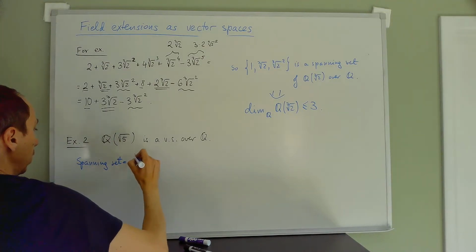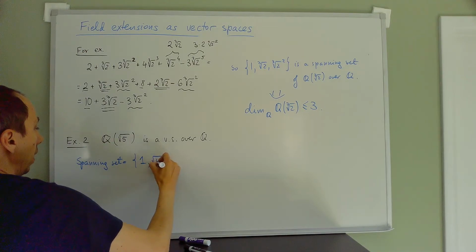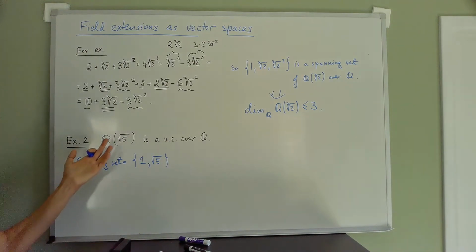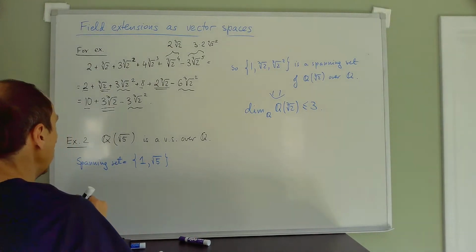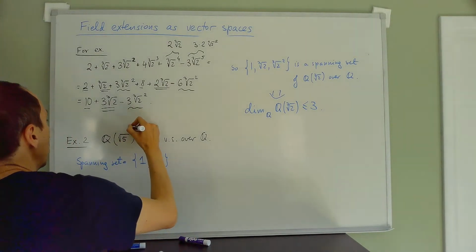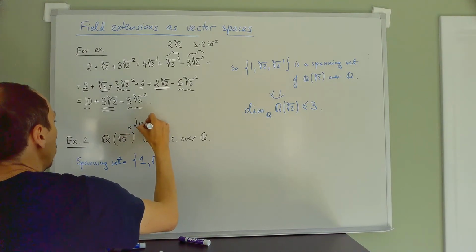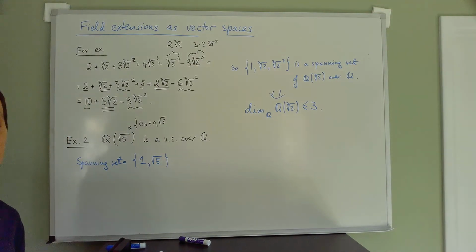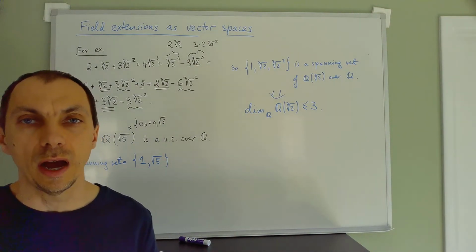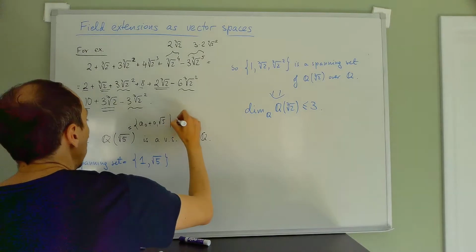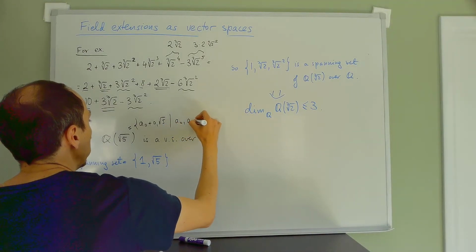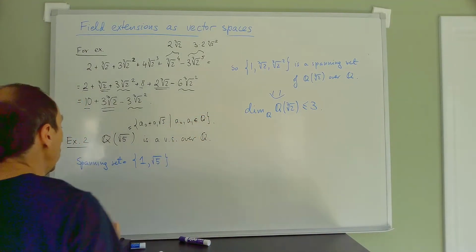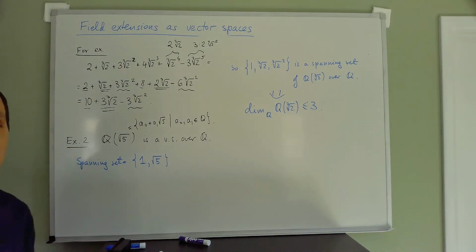Let's think about it for a second. 1 and square root of 5 gives you everything that's in this field, correct? Because this is all the elements of the form a0 plus a1 radical 5 plus, I'm not going to even write any more because we already discussed that you don't need any higher powers. So a0, a1 are in Q, and this is a spanning set.